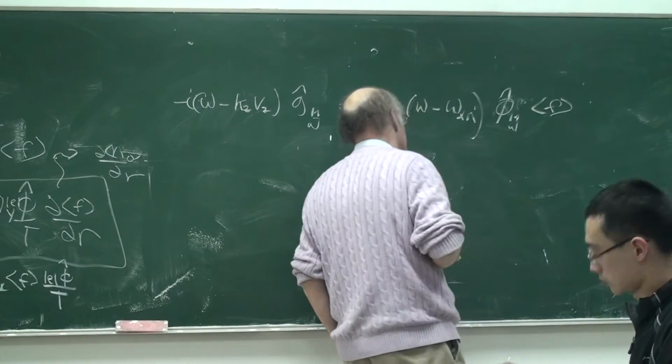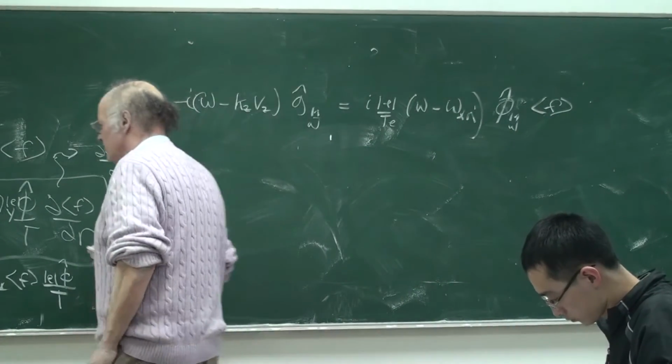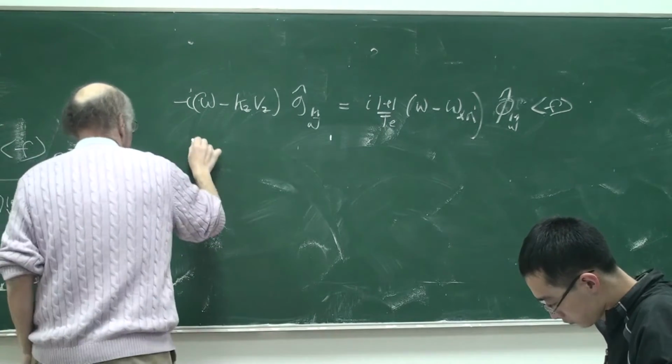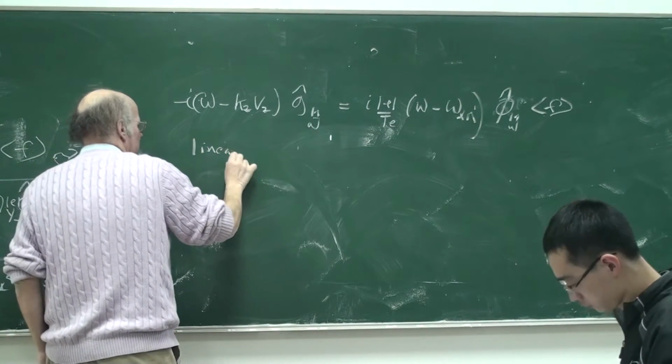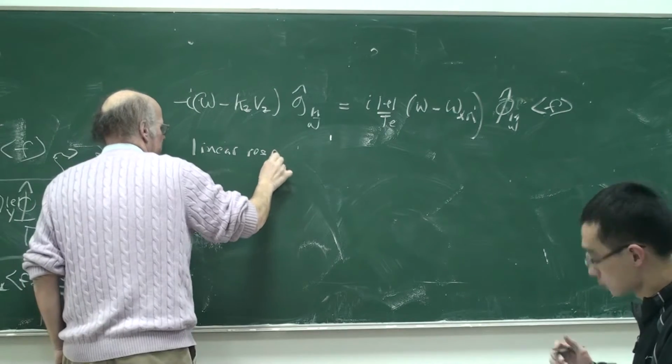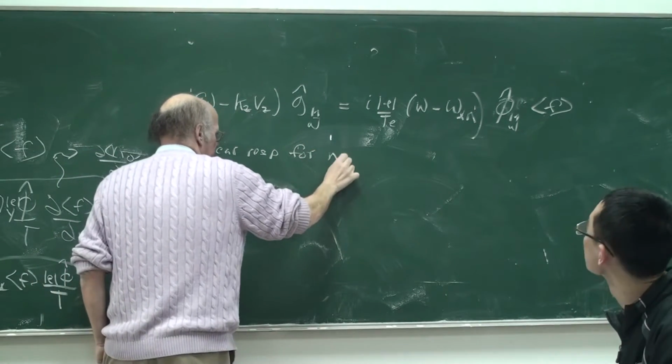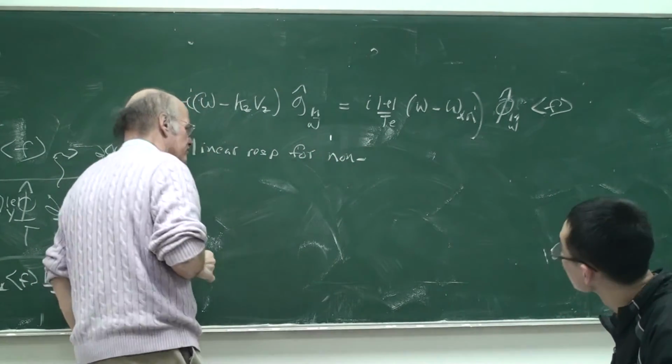That's the linear response for the non-adiabatic part. So this is the linear response for the non-adiabatic distribution function, right?